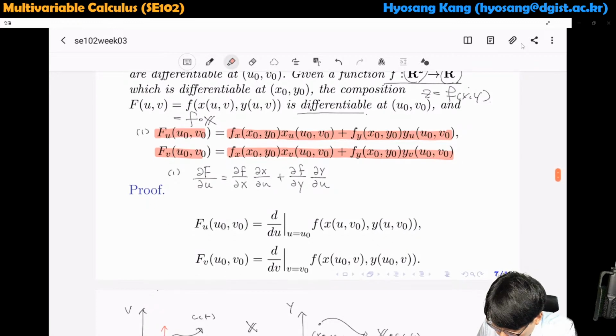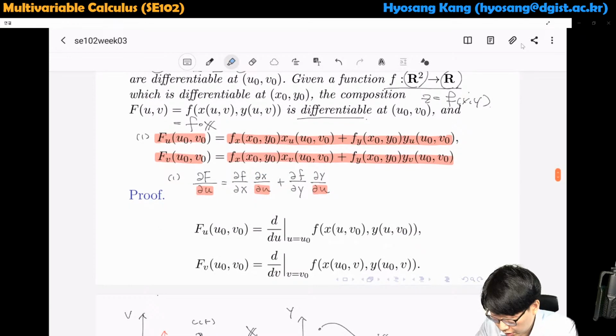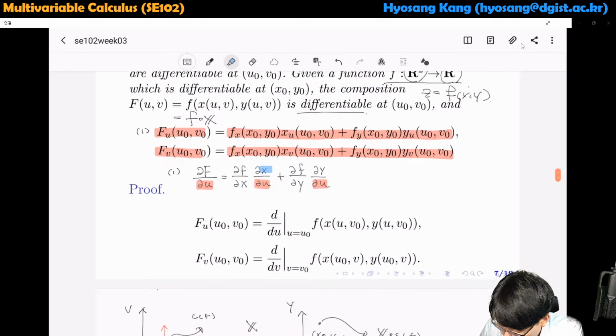So you see, I want to take a partial derivative in u, so it appears on the bottom, but in the middle we have intermediate variables which connect the variable u to the value of the function, which are x and y.